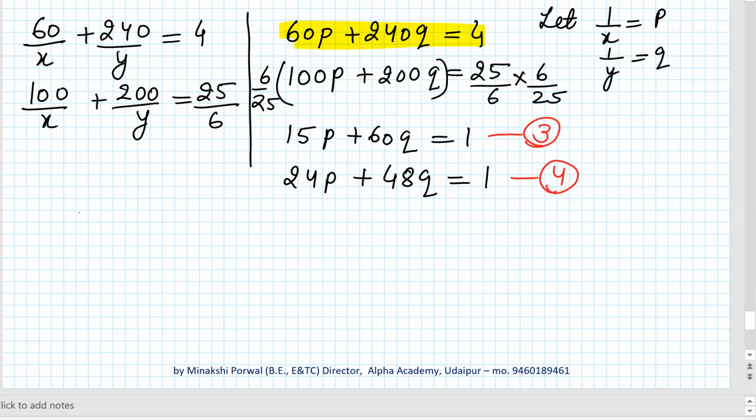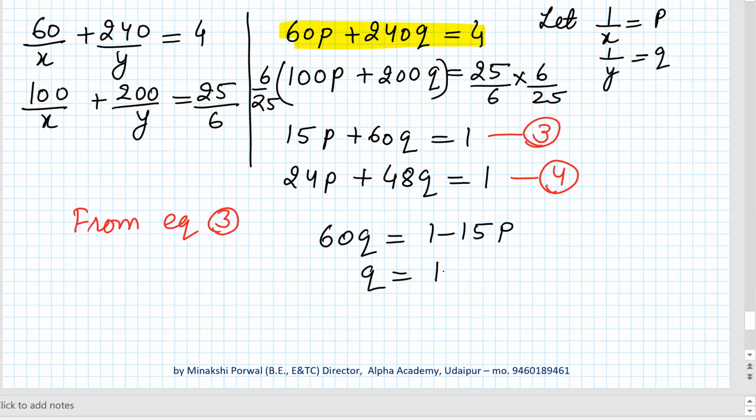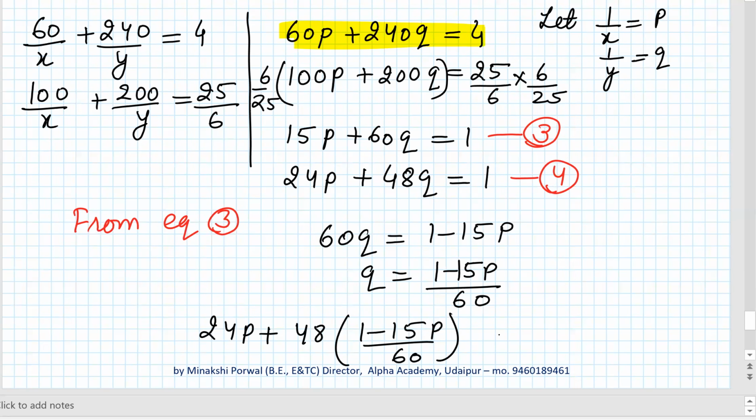So from equation 3, 60q equals 1 minus 15p, or q equals 1 minus 15p upon 60. Substituting this, that is 24p plus 48 into 1 minus 15p upon 60 equals 1.